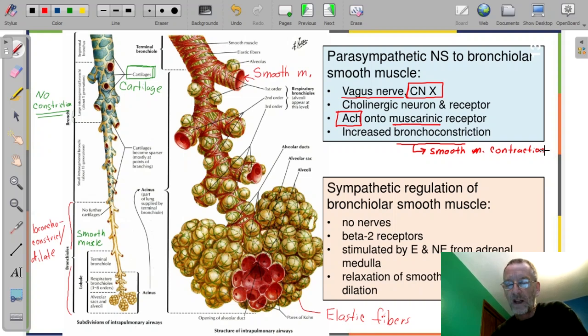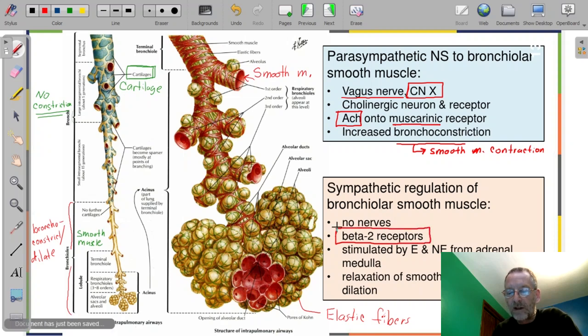That's parasympathetic. The sympathetic nervous system, you remember, has sort of the opposite effect of the parasympathetic. So if the parasympathetic bronchoconstricts, the sympathetic is going to bronchodilate. So it's regulated by the smooth muscle, so you need to cause the smooth muscle to relax. A couple of things to note. There are beta-2 receptors in the lungs. We keep harping on that.